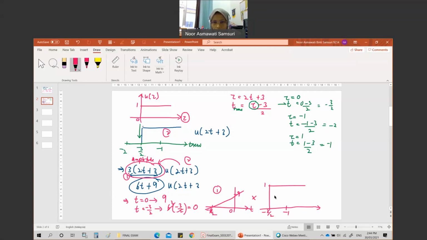So what happened? When you multiply a signal with the one having a constant 1 amplitude, you get the same magnitude from negative 3 over 2 until infinity.